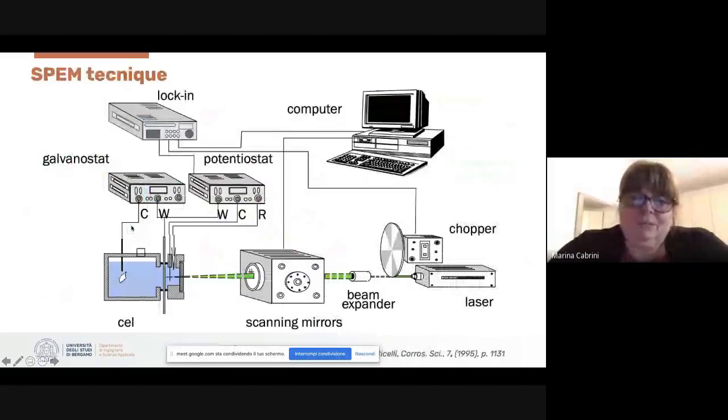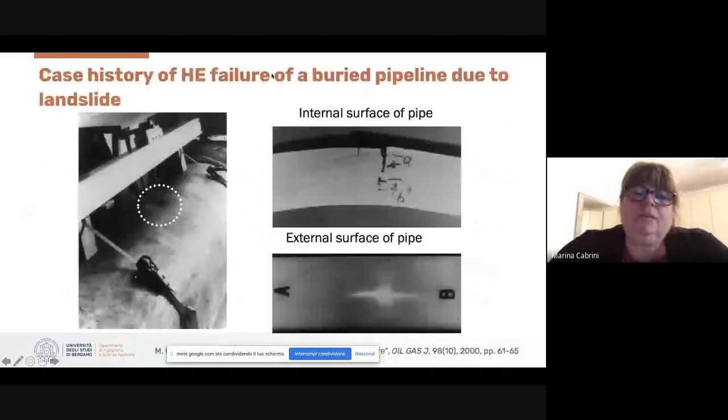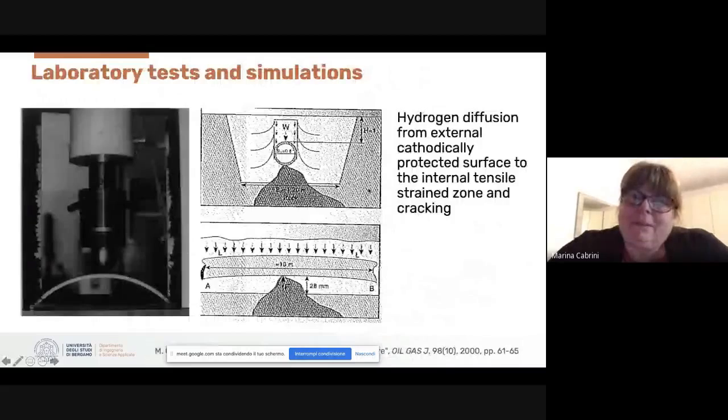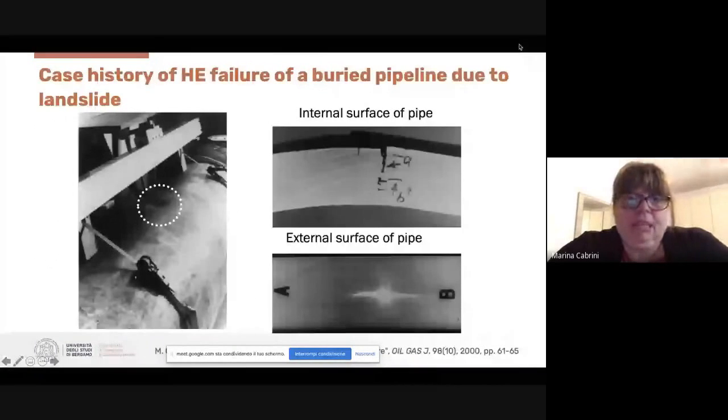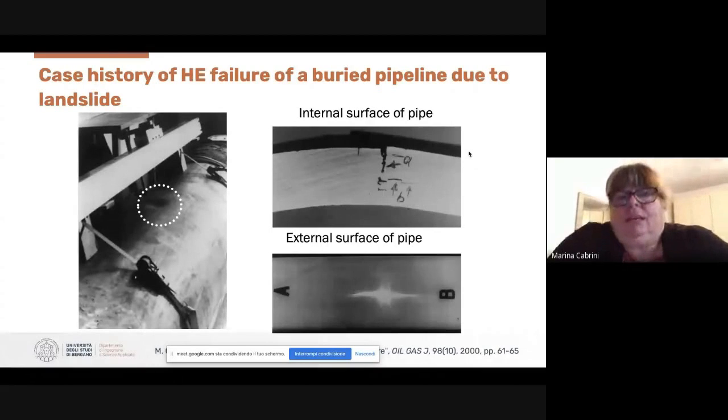The technique was also used to study a particular, a unique case in which there was a hydrogen failure in a buried pipeline without any microstructural alteration.